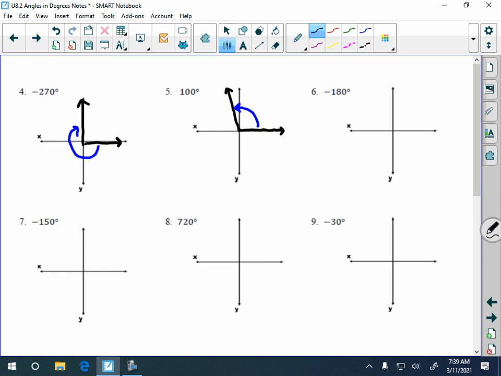Negative 180. Got to make sure that we show that we went in the negative direction. Okay, negative 150. So that's between negative 90 and negative 180. Let's put this about right there.